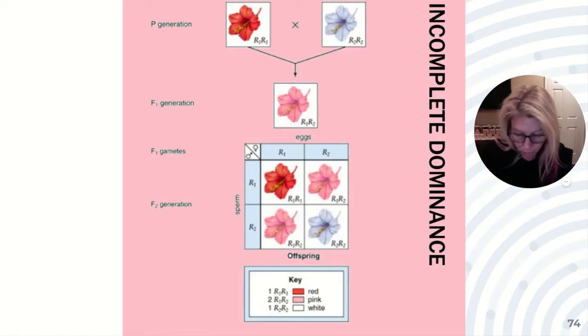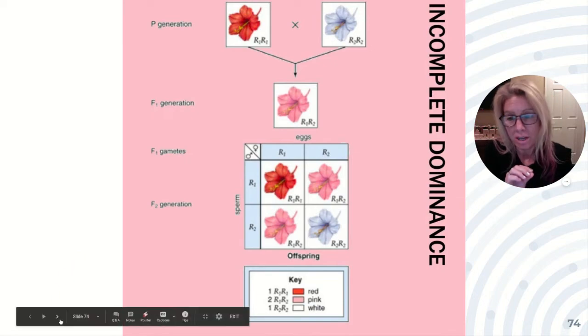So on your notes for incomplete dominance, when a heterozygote has an intermediate phenotype between that of either homozygote. One example in plants is red flower crossed with white flowers, and you get pink flowers. So each genotype has its own phenotype.